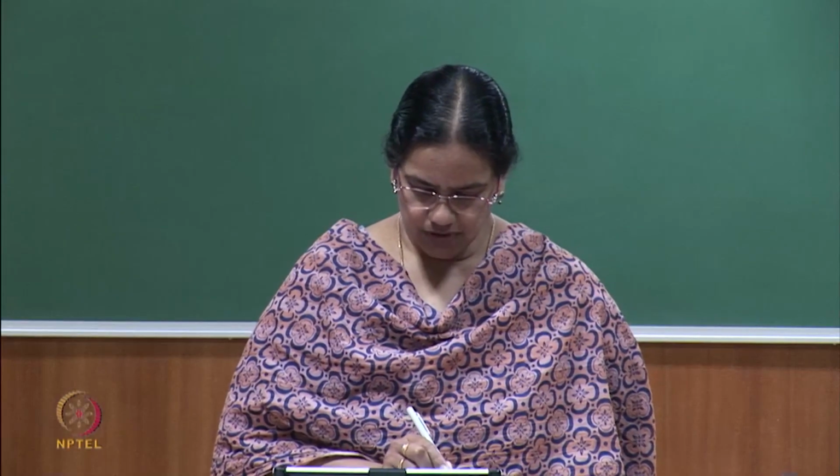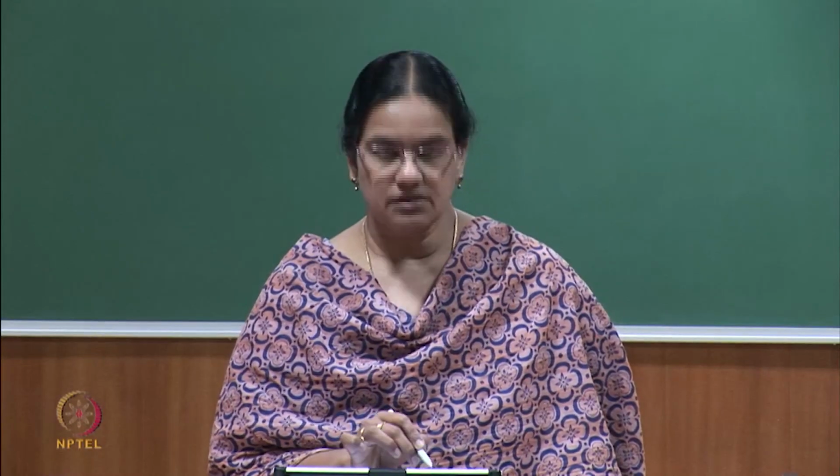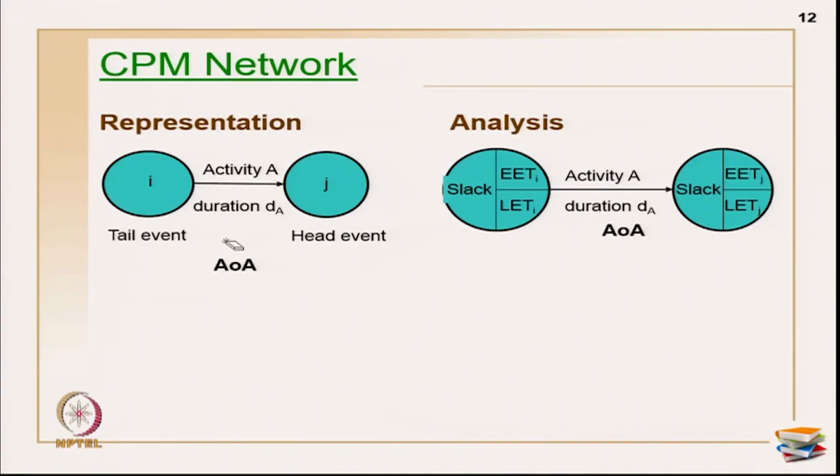Okay. Now, how do we represent? For representation of AOA, this has been discussed earlier. For analysis, how do we represent? This numbering is not generally used when we are doing analysis. So, the late event time and early event time are generally represented inside the events, and then slack actually comes on one side. Okay. So, now this can also be altered.